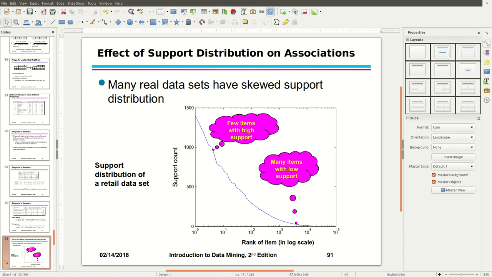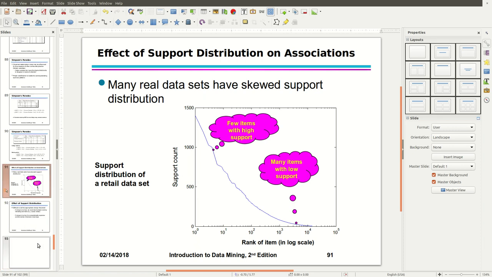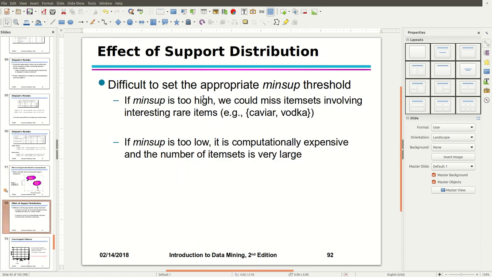Many real data sets have skewed support distribution, and when you are coming up with a support count, if you set it too high, we could miss item sets involving interesting rare items like caviar or vodka, for instance.